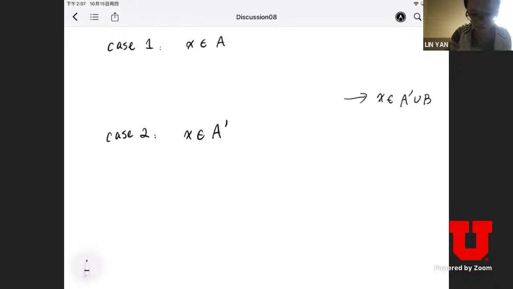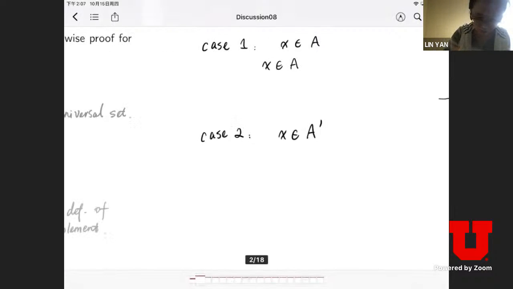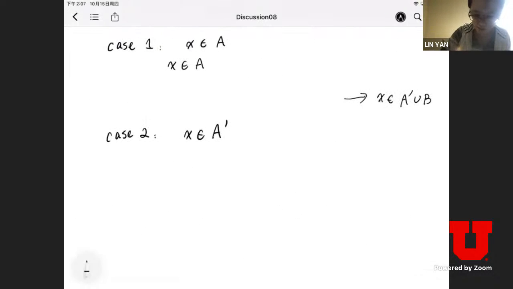When X is an element of A, then X is an element of A intersect B. This is given from the problem, since A intersect B is equal to A. And then X is an element of B. This is by the definition of intersection.